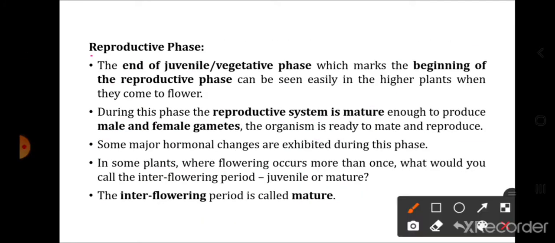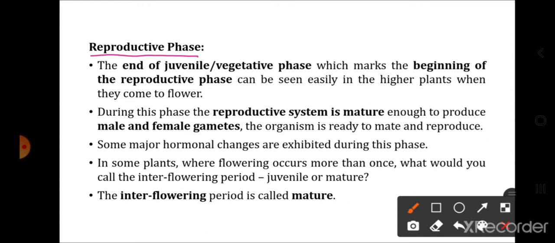Now, next is the reproductive phase. The second phase is the reproductive phase. The name itself indicates the phase during which the person is capable of reproducing, that is, the person is reproductively mature.